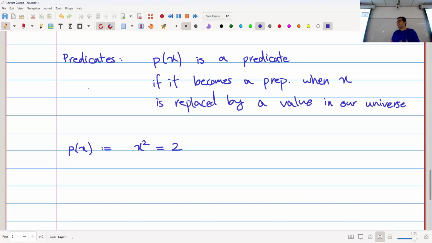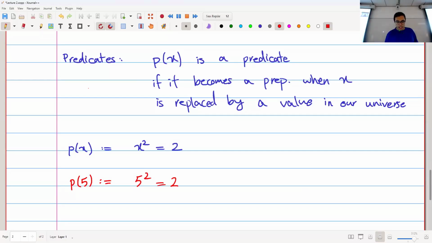That doesn't make any sense unless you have already assigned a value to X, right? But then I can talk about P of 5. And P of 5 basically says that I'm replacing X with 5. So 5 squared is equal to 2. So P of 5 is false. It's always false. It's a contradiction, right?